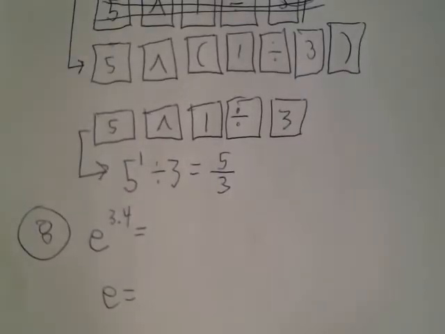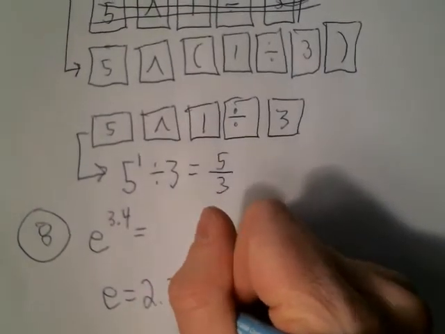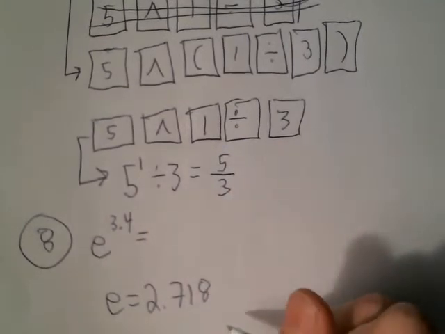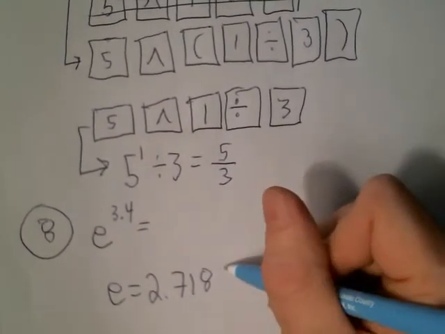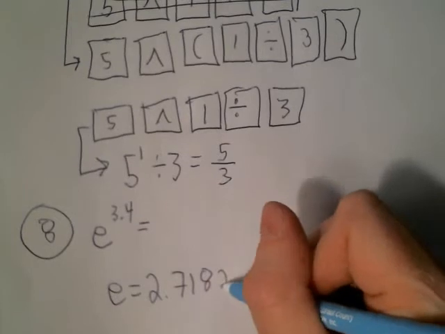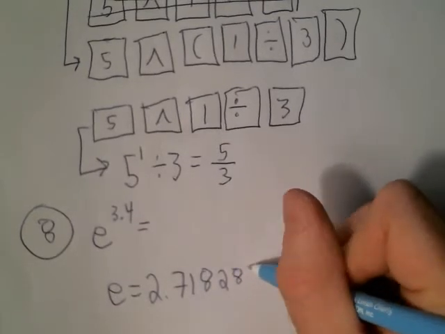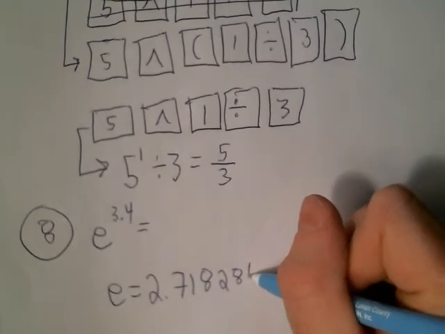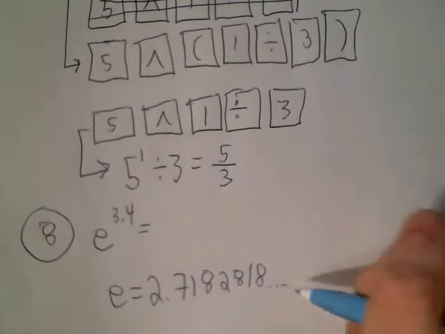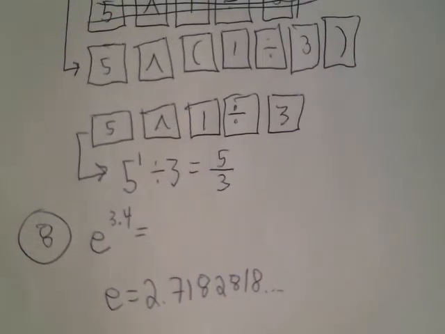Let's see. I always forget what it is. It's 2.718, like pi is 3.14159. It's one of those kinds of numbers, okay? So it's non-repeating and non-terminating. It just goes on forever. Your calculator probably has an E button on it somewhere.